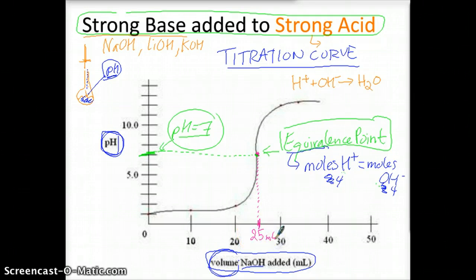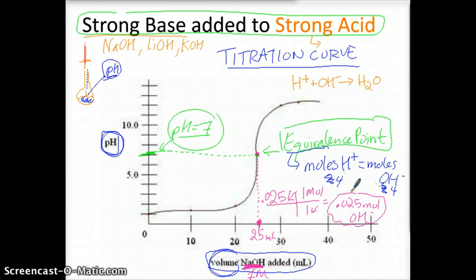If we added 25 milliliters from our burette, that's the same as 0.025 liters, times the concentration of NaOH. Let's just say it was 1 molar NaOH. I made that up. Then it would be 1 mole per 1 liter, so you would have 0.025 moles of hydroxide, OH minus, that were added.